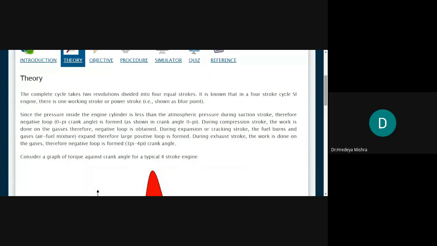Suction, compression and exhaust need power, meaning they consume power to operate. But the third, the expansion stroke, is the power stroke which provides the power to the engine for the motion.